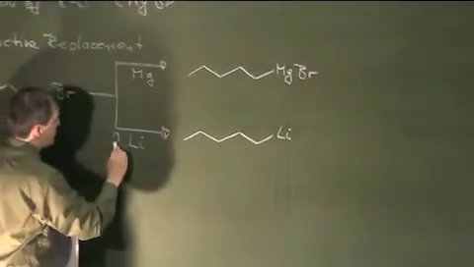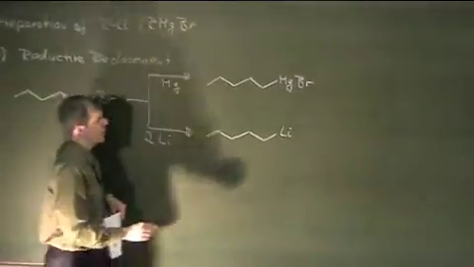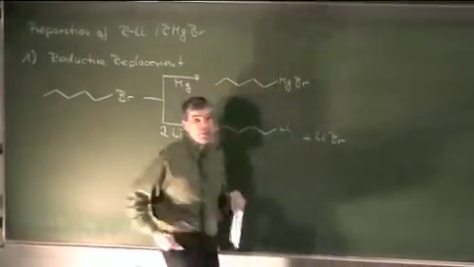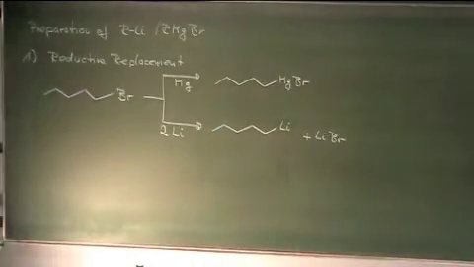Now to have the stoichiometry right here, you need 2 lithiums, and you are forming lithium bromide as the additional product.